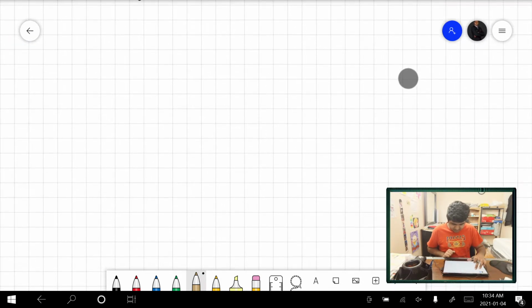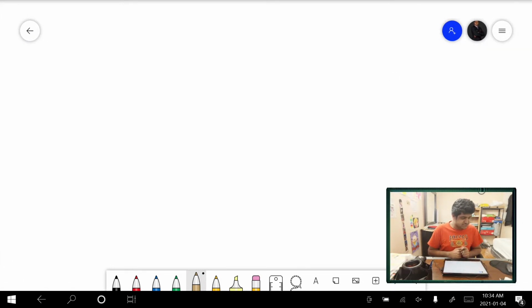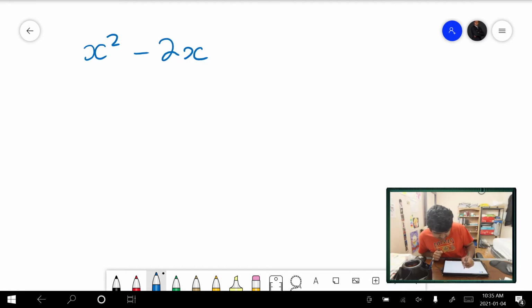Let's go down here. Our example for today is x squared minus 2x minus 80.